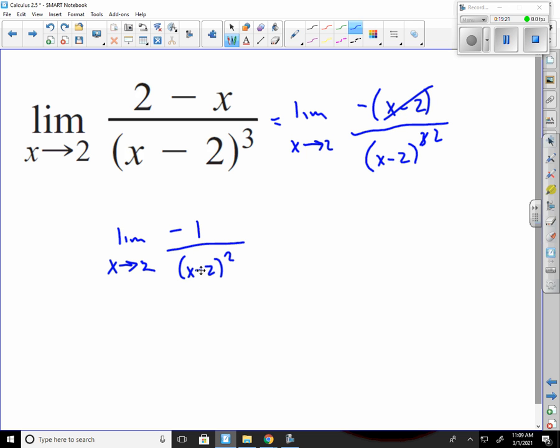So think about plugging a number in here. If I plug in, say, 1.99, then this is going to give us 0.01 negative squared, which is going to make this even smaller, which is going to make this go further and further negative.